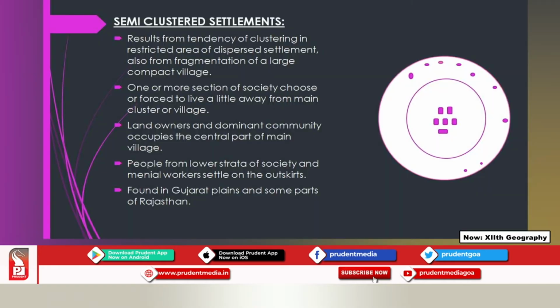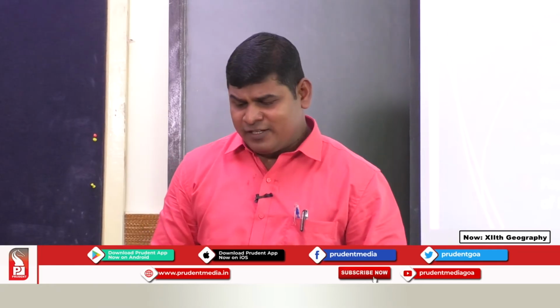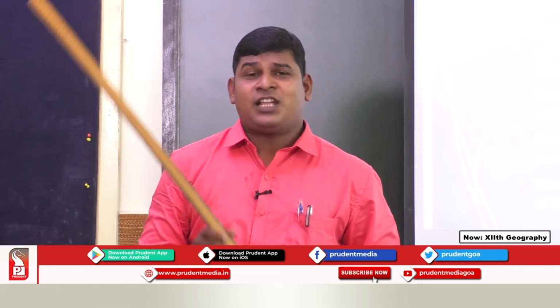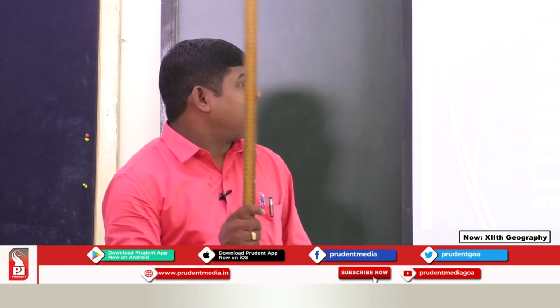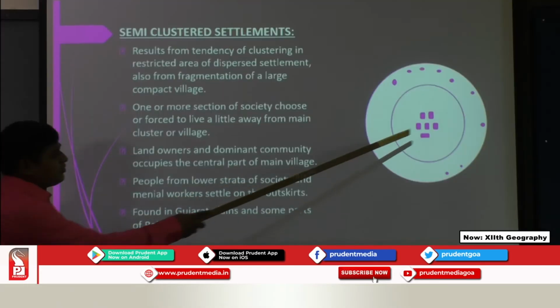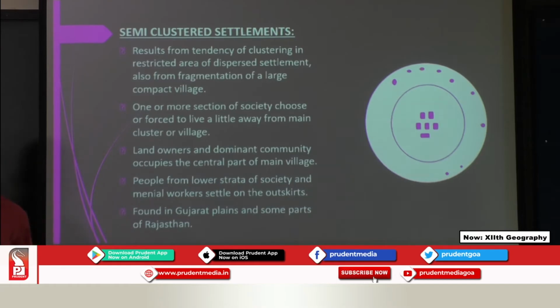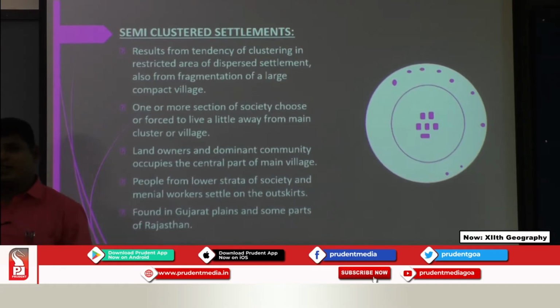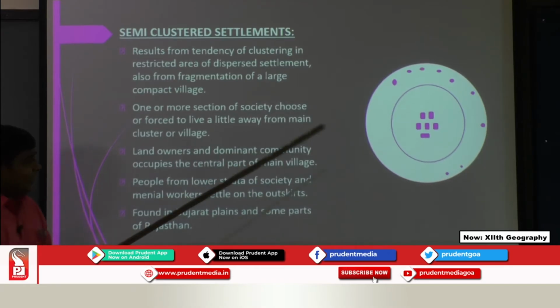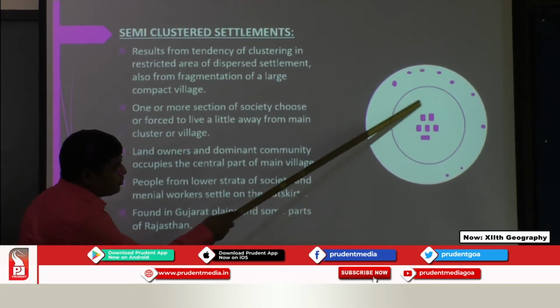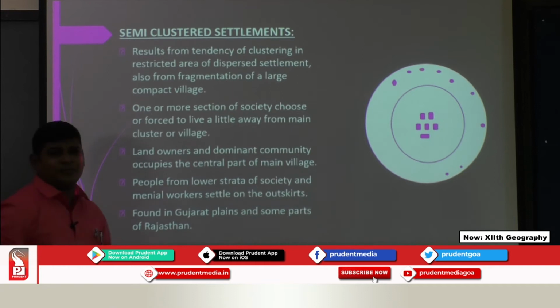The third important feature of semi-clustered settlement is you will find the dominant community settles in the central portion of the clustered settlements. Maybe for example, the landowners, who could be considered as the dominant community, will reside in the central portion of the settlements.